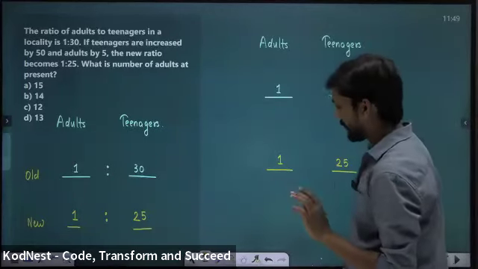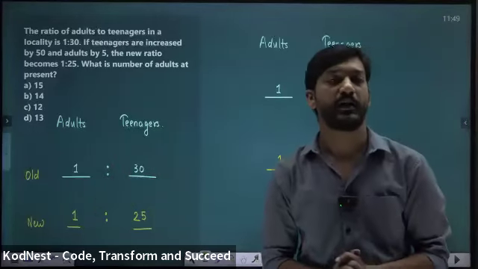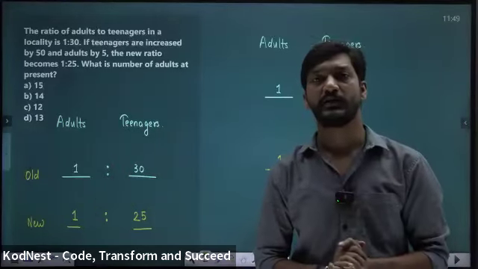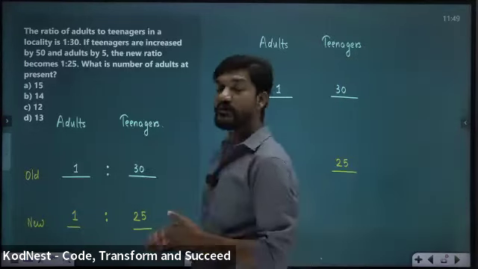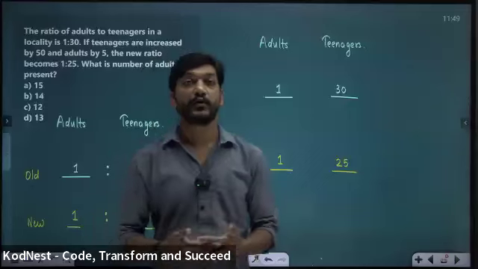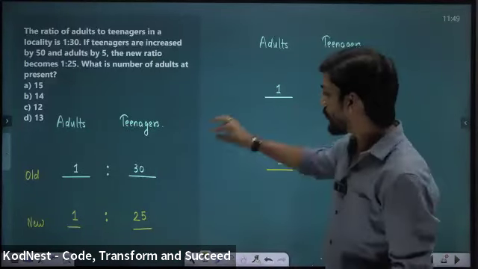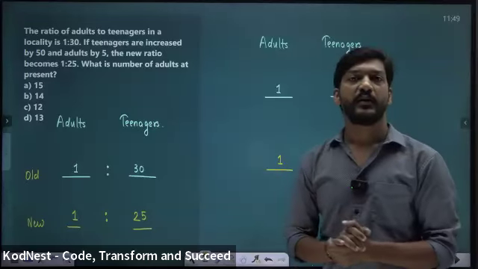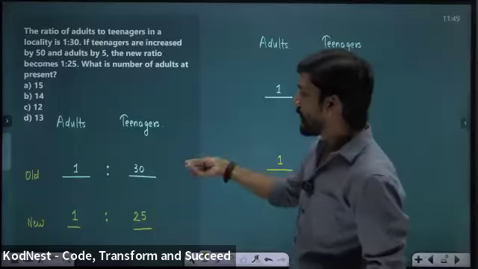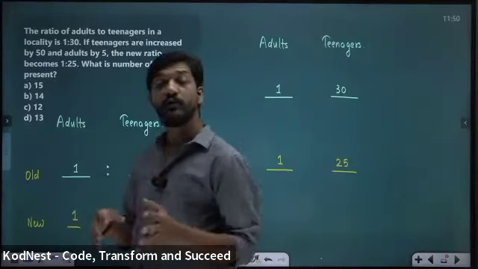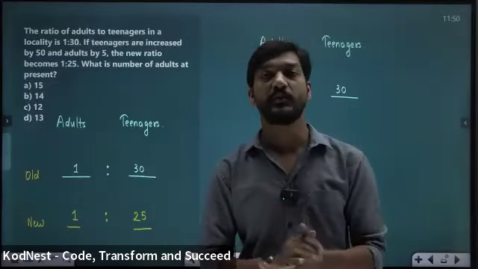Now carefully see please. If I directly take the values from the ratio, the first thing we have to ask is whether anything is constant. Anything which is not changing? In this question, nothing is constant. So don't take the values from the ratio as it is, because you don't know how to modify the ratio. When do you know that you can modify the ratio? Some condition must be there.